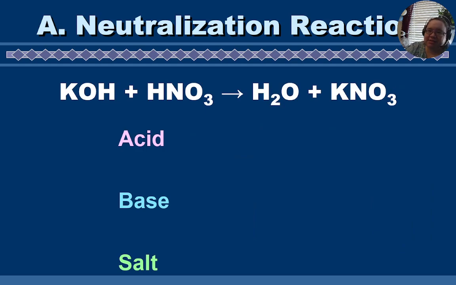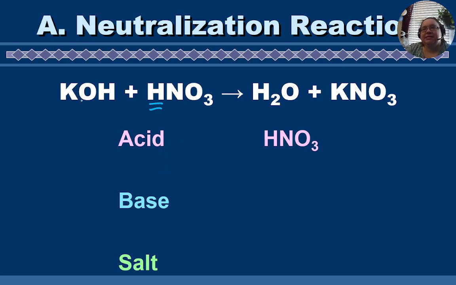So take a moment and see if you can identify the acid, the base, and the salt in this neutralization reaction. So acids are always substances that have hydrogen ions. So my acid is going to be HNO3, that's nitric acid, not that you need to know the name.